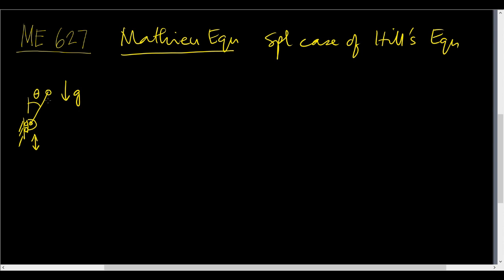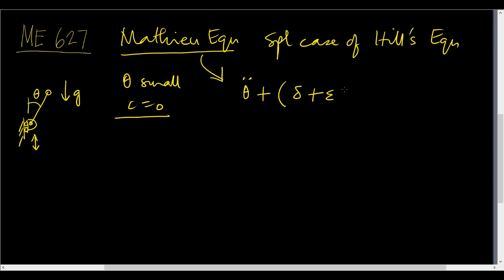If you look at that and you put theta small and c equals 0, no damping, you will see that that equation can be written as theta double dot plus some number delta plus some epsilon cos t theta equals 0. This is the Mathieu equation.